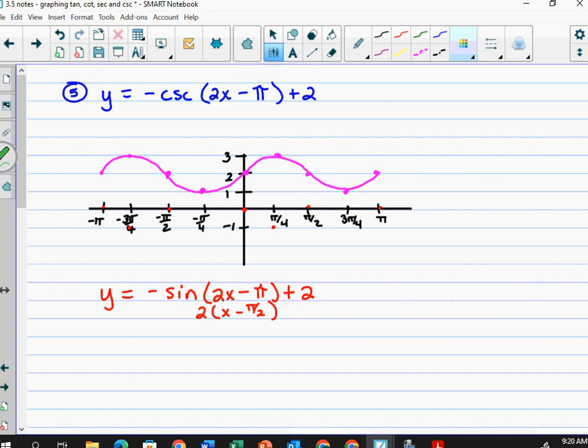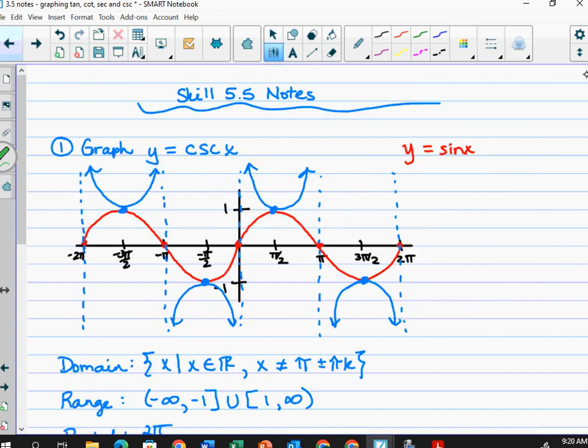Okay. When we did our cosecant graph back here, remember, from the top of the graph, we had a dot and then the graph went up, right? From the bottom of our sine curve, they shared a point and it went down. And the asymptotes came from where sine was equal to 0. But they came from the midline, right?